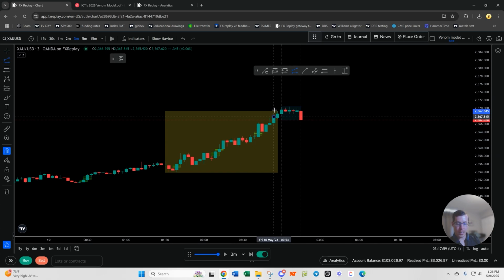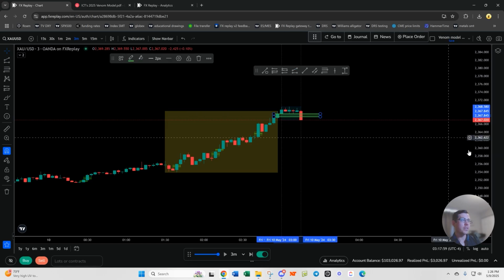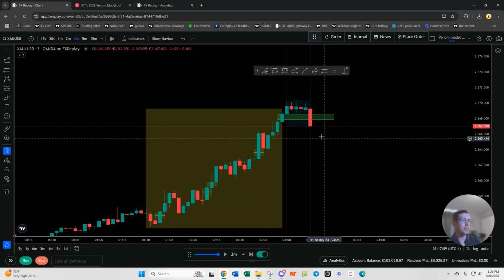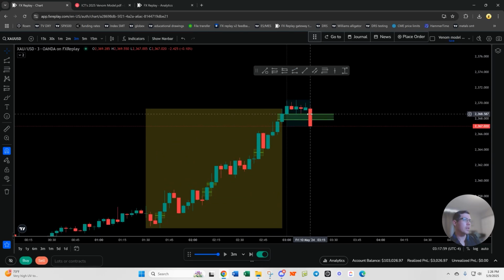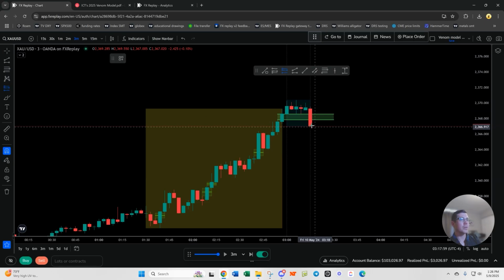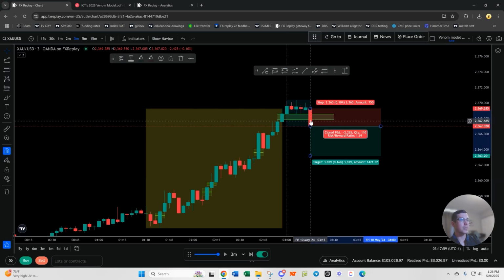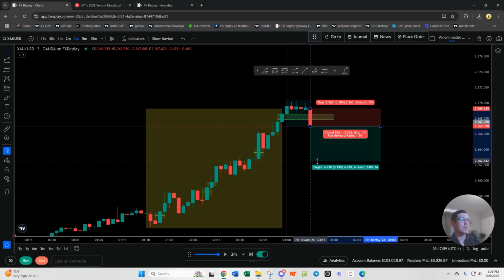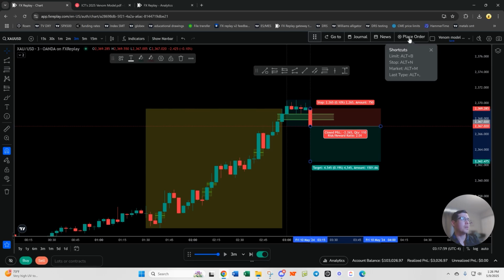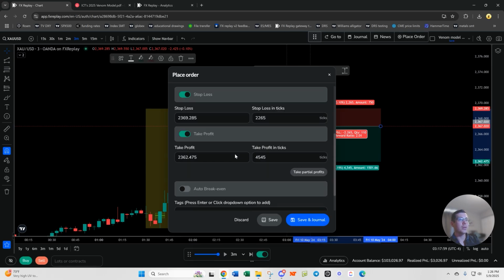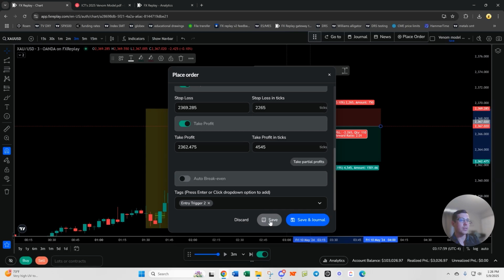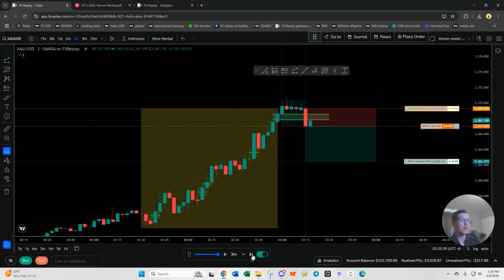So we had a bullish fair value gap, and then we have a nice bearish engulfing candle, green then red, closed really strong below it. So we would just simply do a market order at this point with the stop at the open of that candle, target a fixed 2 to 1, right about there. We'll do a market order. This is entry trigger 2 for the tags, so we can check the analytics later.